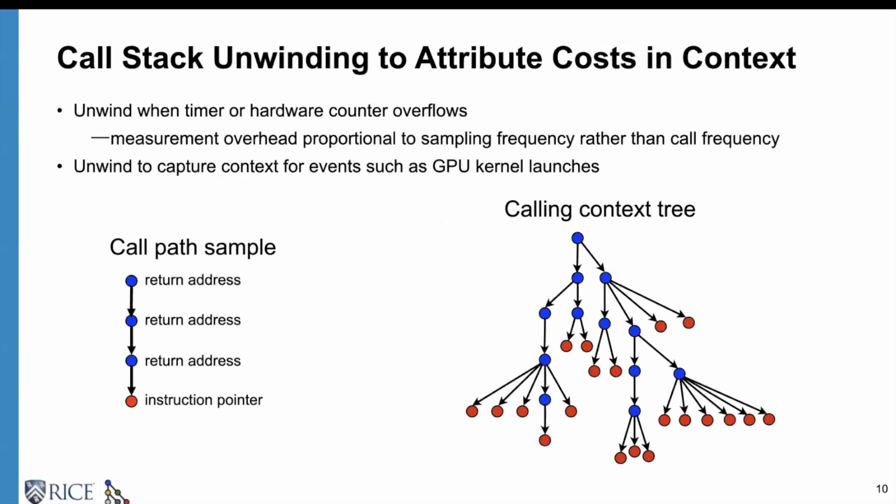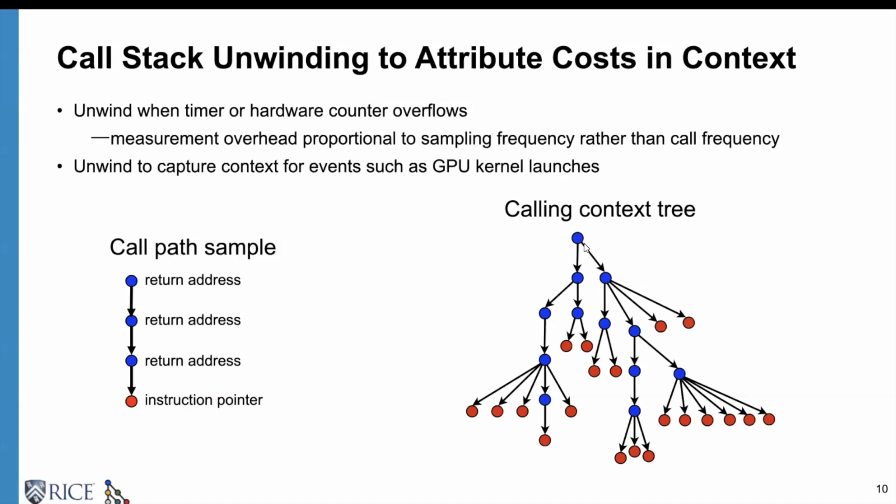So what we do in HPCToolkit is whenever a timer or hardware counter overflows, we're going to get an interrupt, and we get interrupted at some instruction. And let's say we're in some routine C, which was called from B, which was called from A, which was called from main. And so we'll collect this call chain. And then over time, we're going to collect a series of call chains at different points in the program, and those get assembled into a tree.